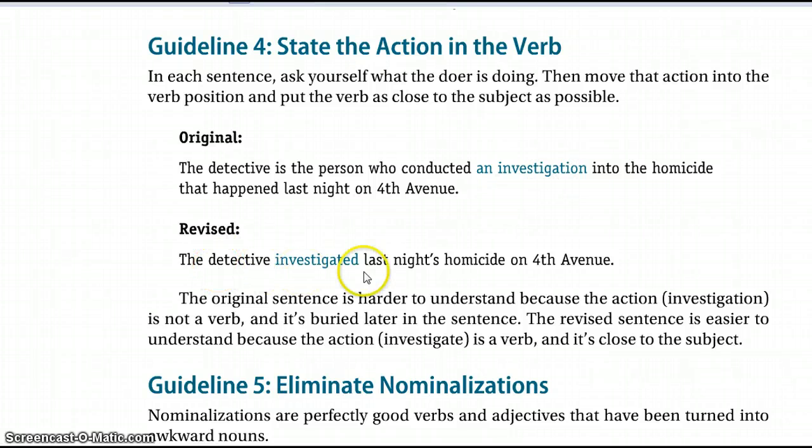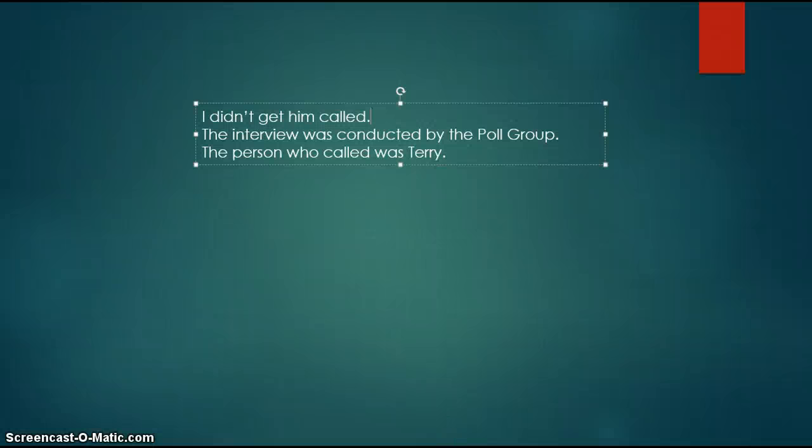The detective investigated last night's homicide. You'll see passive when somebody might say, I didn't get him called today. So the word get, and also the preposition by will signal a passive voice. So here are some examples of passive voice on my very dull and boring screen.